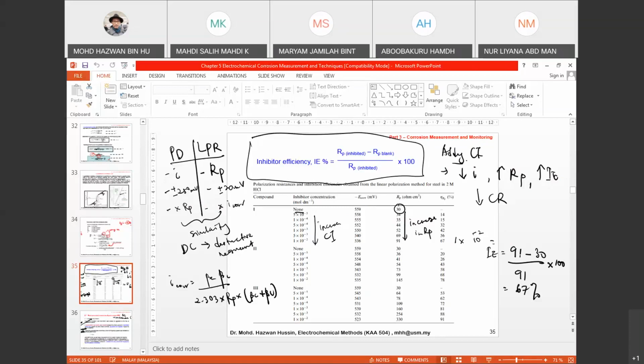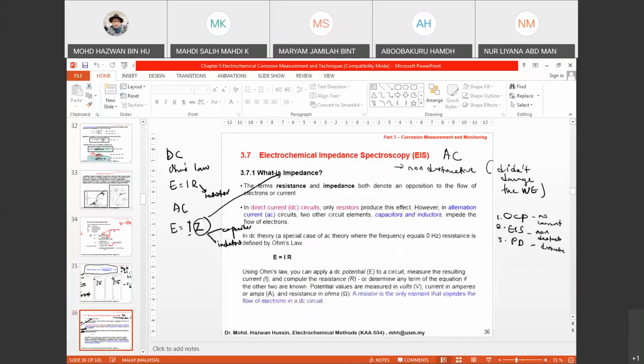You can use either one, RP or I corr, to calculate IE. But I think the best is to directly calculate inhibition efficiency from RP, because if you calculate based on I corr, you have to first calculate each individual I corr value, and then later calculate the IE again.